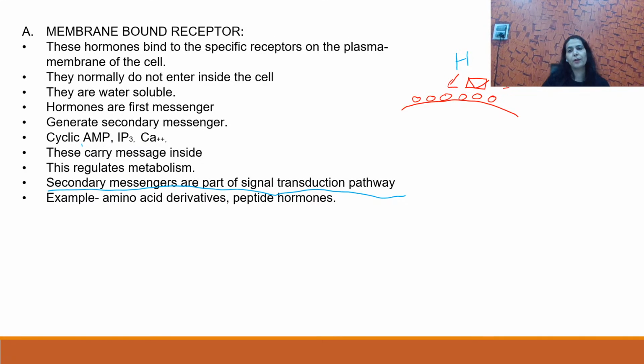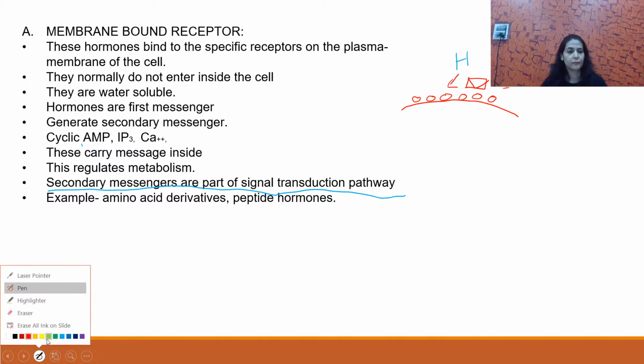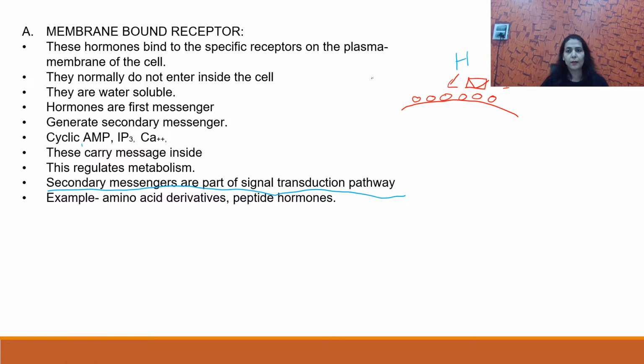That is why this hormone is known as primary messenger. Depending upon this message, a secondary messenger is generated.